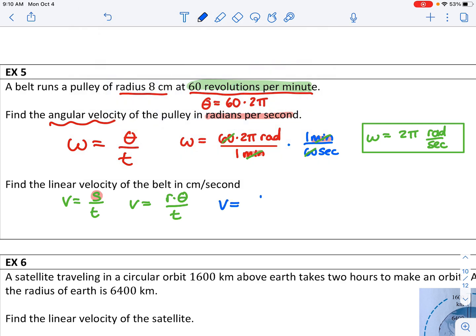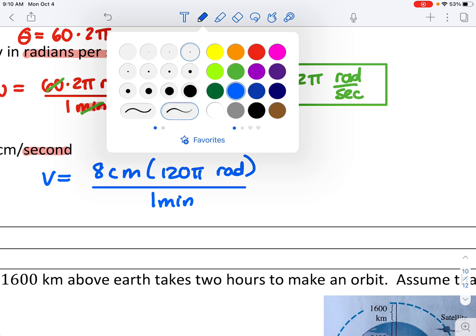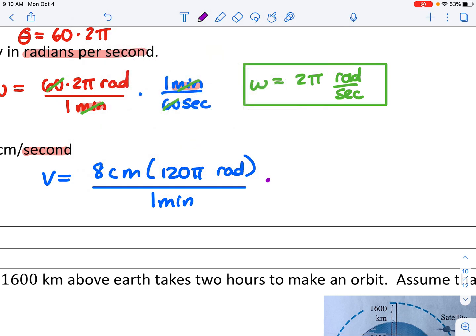Now replacing our information, we have our 8 centimeters. Our angle is going to be the 120 pi radians, because it made 60 revolutions, and that was per 1 minute. Now remember, they're asking us to find our centimeters per second, so we do have to do our conversion, and we could do 1 minute with 60 seconds.